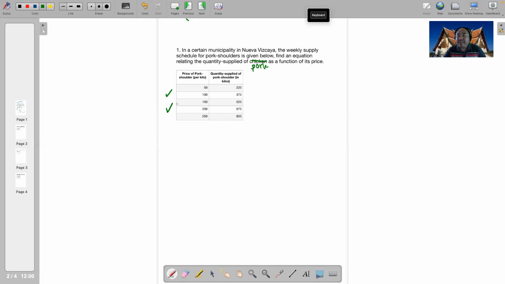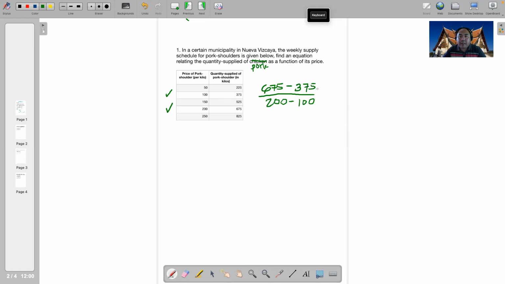So first we find the slope. How do we find the slope? We choose 675 kilos of pork supplied whenever the price level is at 200. But when the price level drops to 100, the quantity supplied of pork also drops to 375.